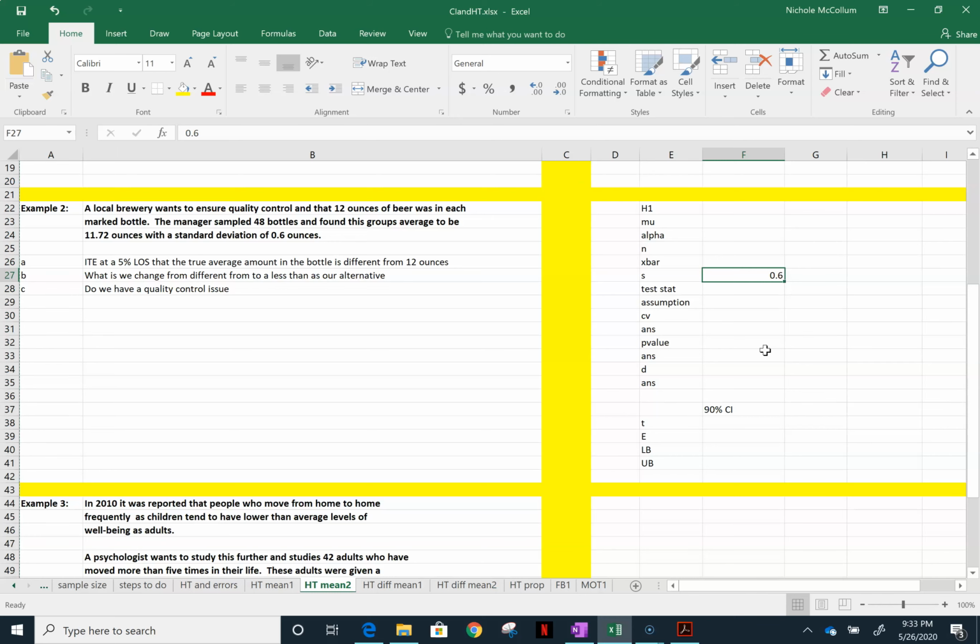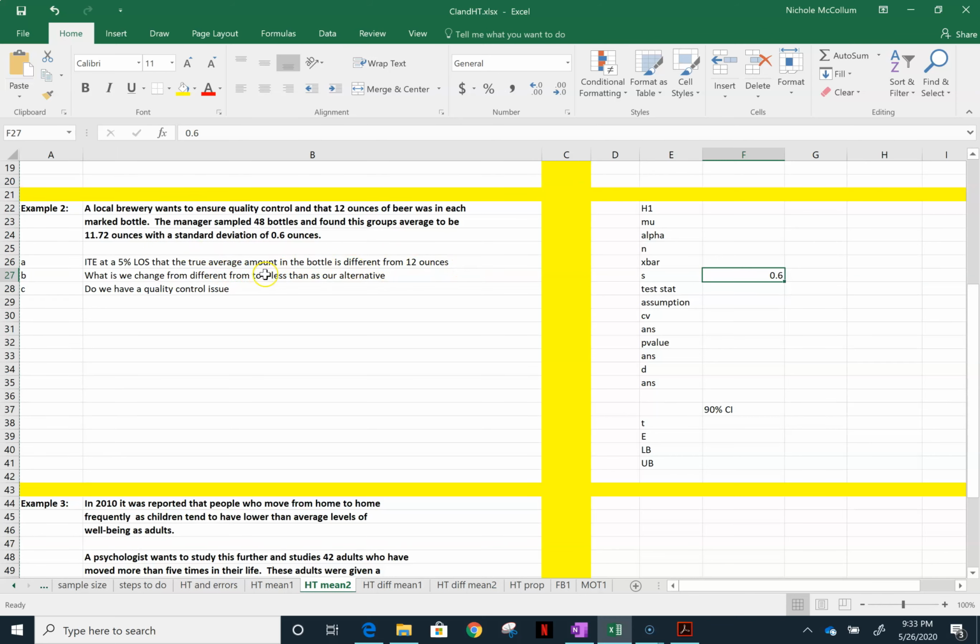All right, now let's go through the steps of a hypothesis test, shall we? First off, what are we looking at here? The true average amount in the bottle is different from 12 ounces. Normally, when you ask your question, you state your alternative. So that's what I get from this question, the alternative.